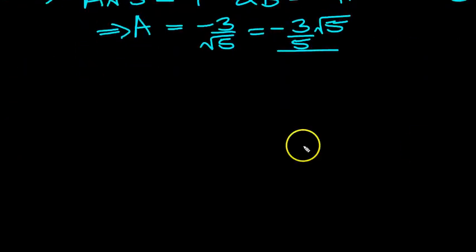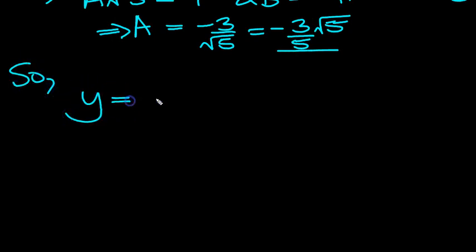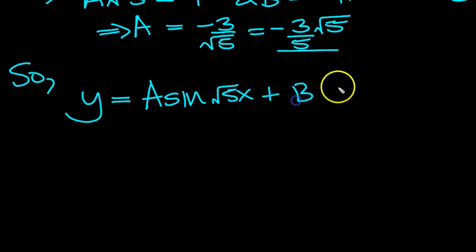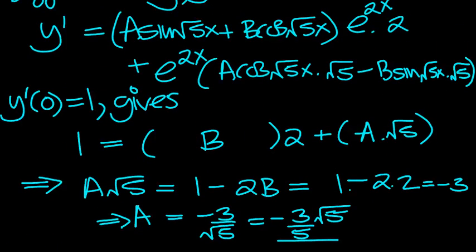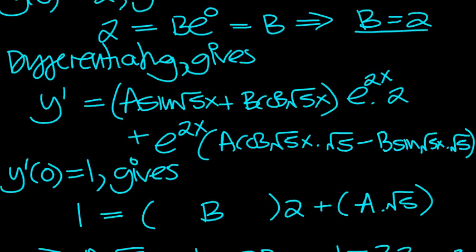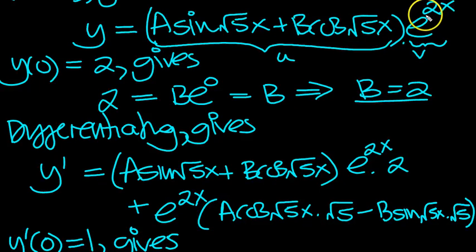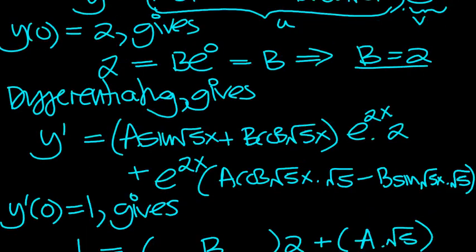So we've got the answer then. Finally, we've got our particular solution. y is equal to a sine beta, which was root 5 x, plus b cos root 5x, times e to the alpha. Let's just go back up and get alpha. I think it was 2. There it is, y e to the 2x, yeah?